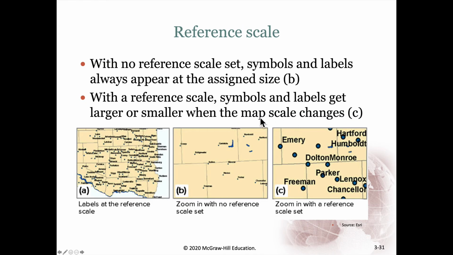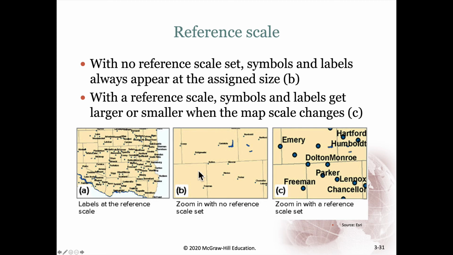The reference scale of the map, you can set so that everything looks good at a certain particular scale, but with a reference scale you can also decide whether things get larger as you zoom in and out, or whether things stay the same size. So in this example, if things stay the same size as you zoom in, it's going to look like your map is much more sparsely labeled than it was in the original map.